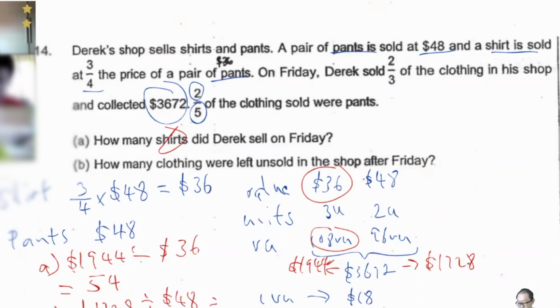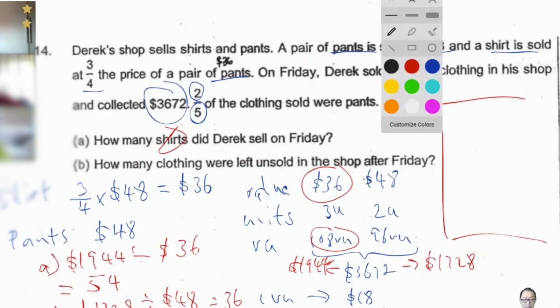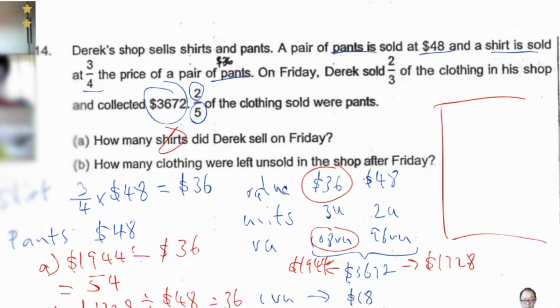It's 36. So what is the total number of items sold? 36 plus 54 equals 90. So 90 items were sold.